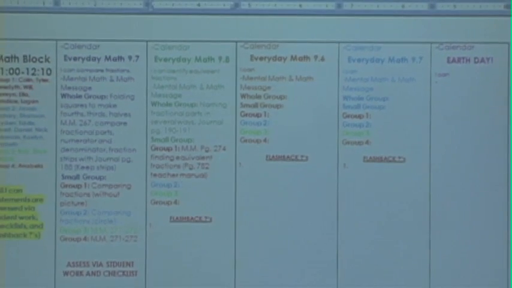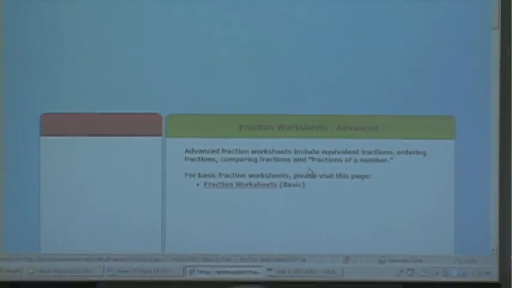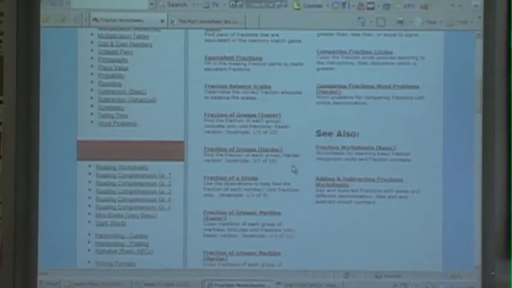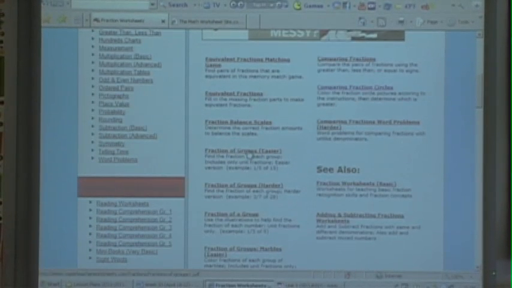All right, let me see what we have here for equivalent fractions. For one of these, I'm going to write something on there, and then have them just compare if the fractions are already written on there.